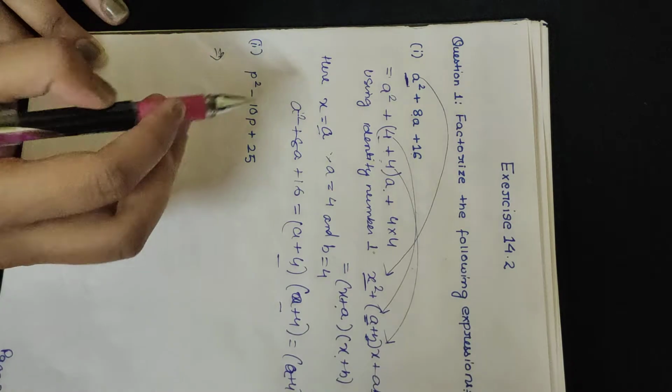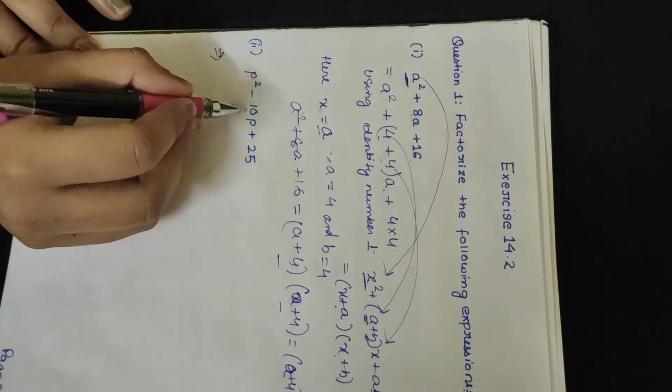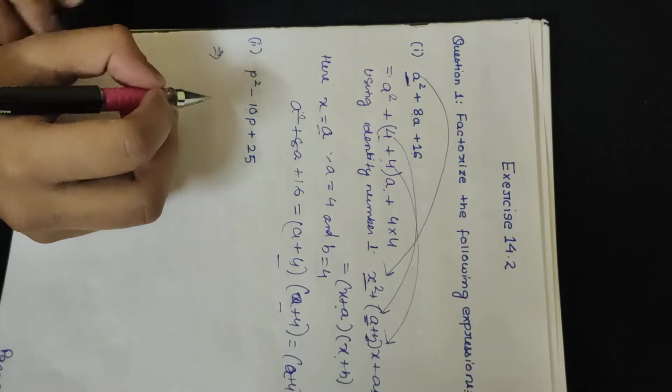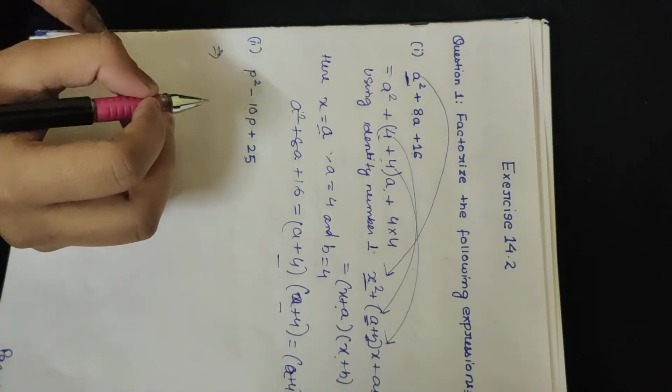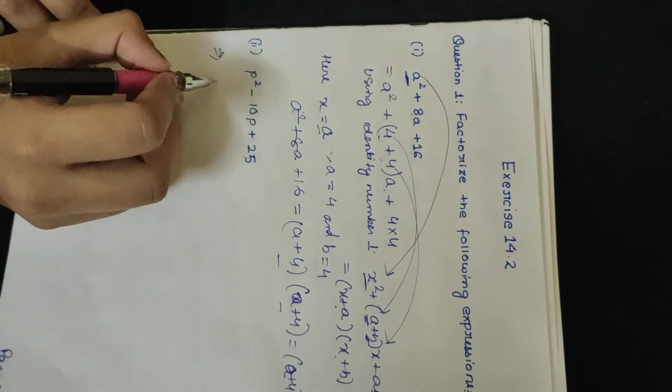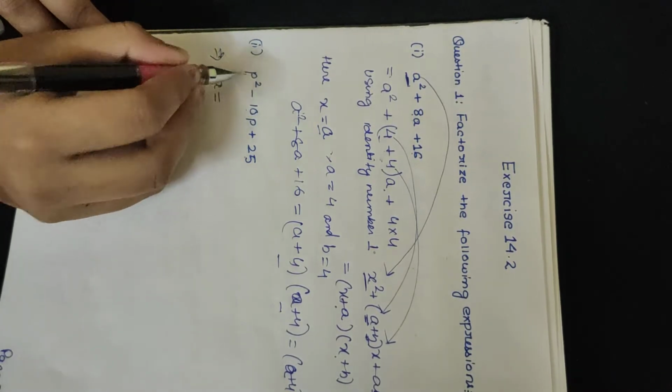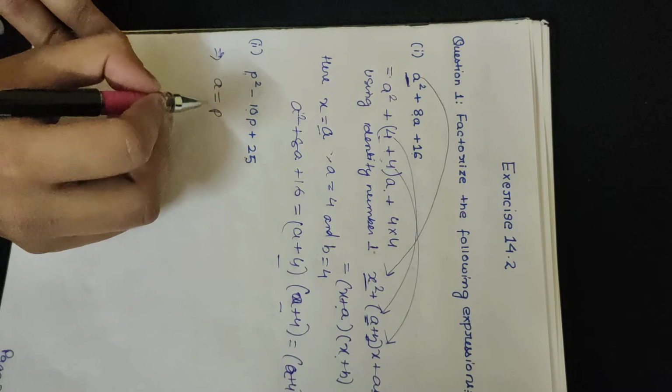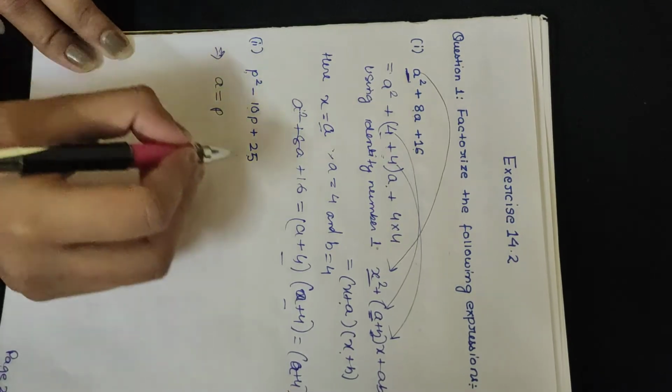The second part of question number 1 is p square minus 10p plus 25. How are we going to solve this? We are going to solve this using the same method. Here what is our x? x is our p. How can we break this expression?